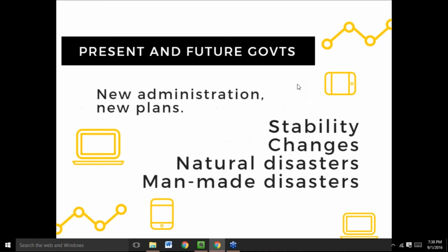Okay. So, lastly, we have present and future governments. Politics play a role in fundamentals also because governments can basically change the rules of the game, right? This also includes wars, natural disasters, and how the government administrations, the present ones, react to these events.